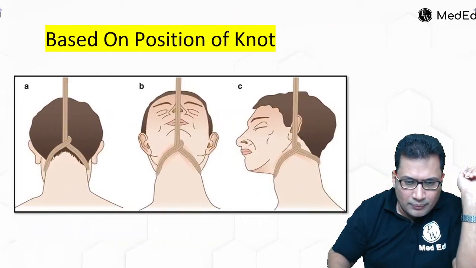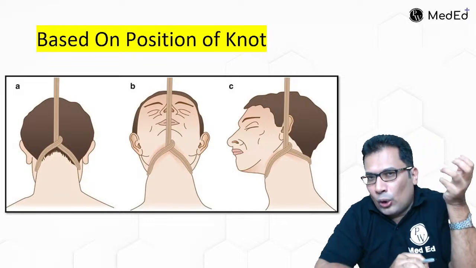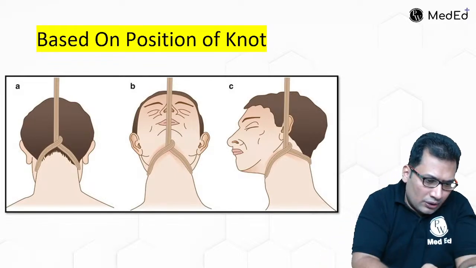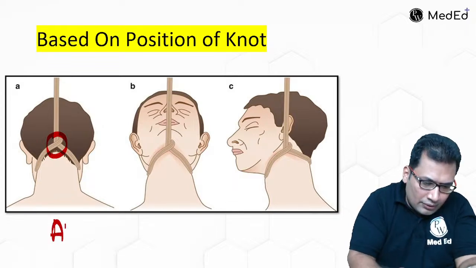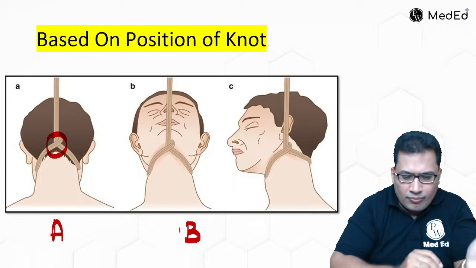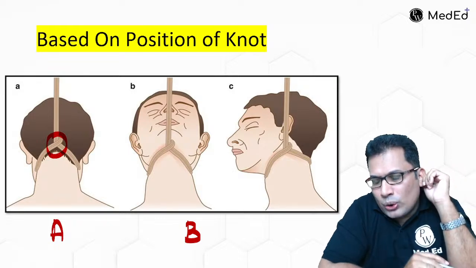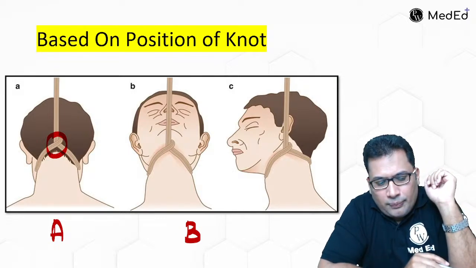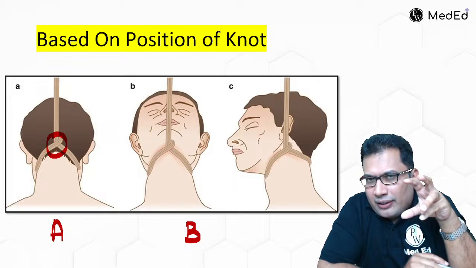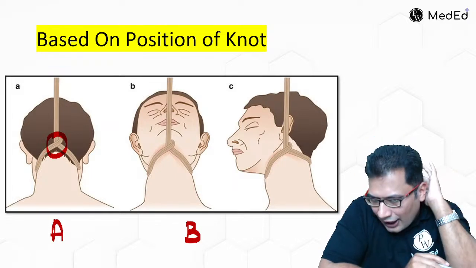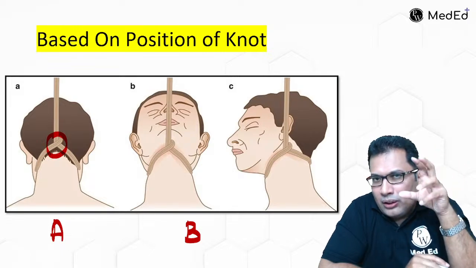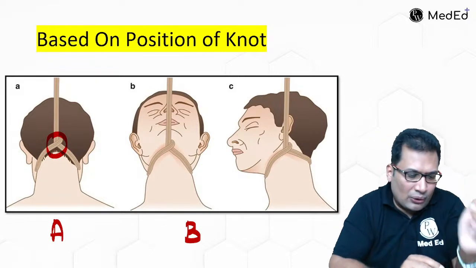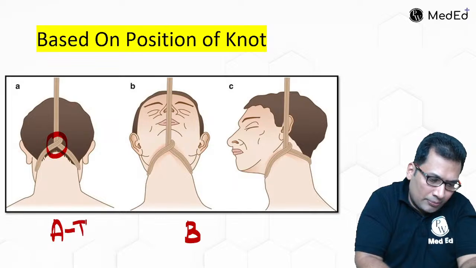The second classification is based on the position of the knot. There are again two types, A and B. Can anyone identify what A and B are, based on the position of the knot? When the knot is at the nape of the neck, at the back of the head, at the nuchal prominence, that is known as typical hanging.